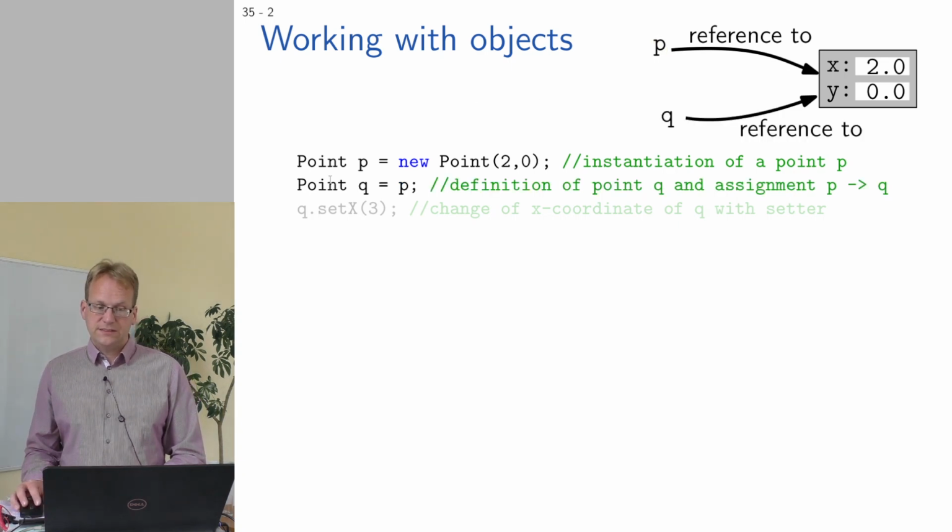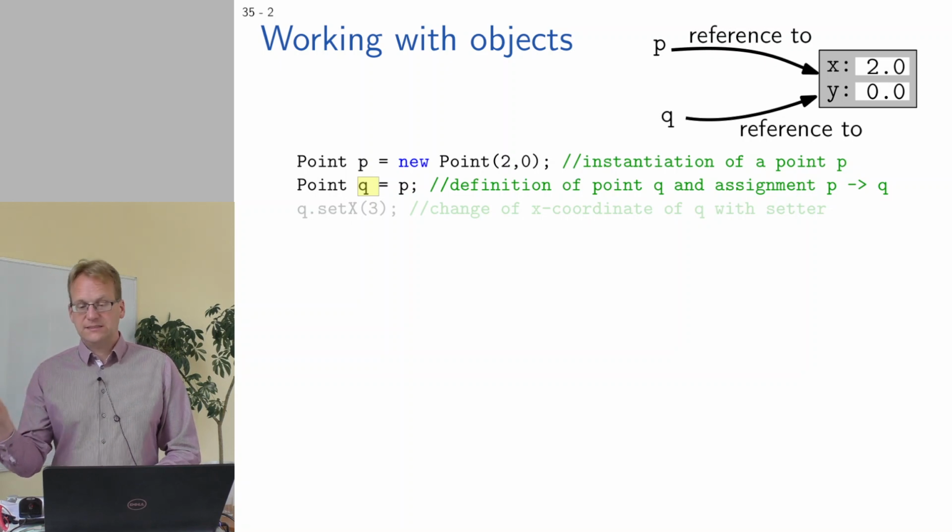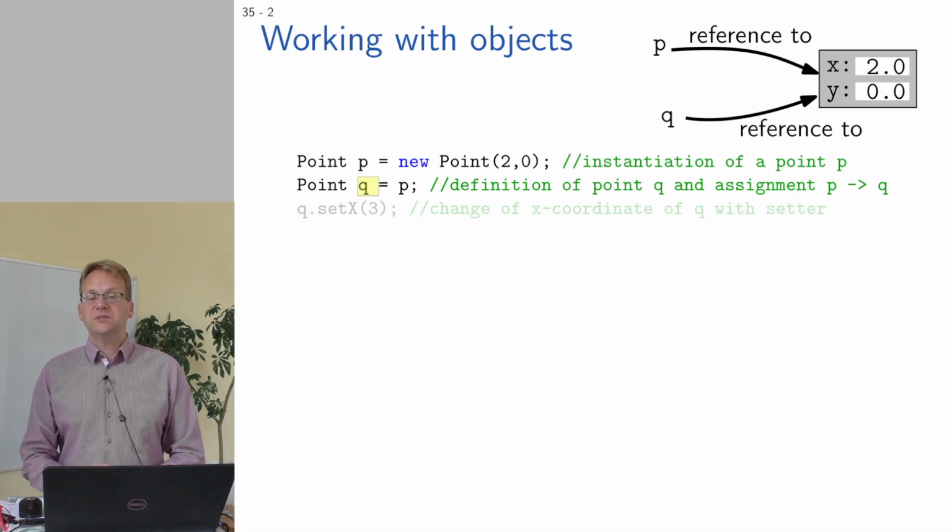Then with this second line of code, we basically take point p, we look at which is the point referenced by this variable p, and with this assignment, q will afterwards refer to exactly the same point object in the memory of our computer. So there is just one point still.